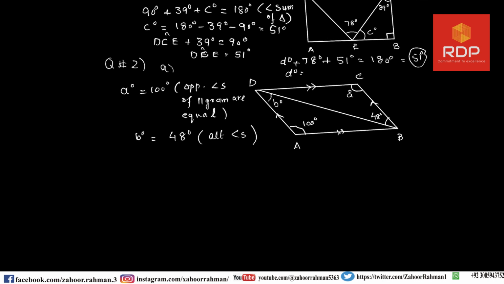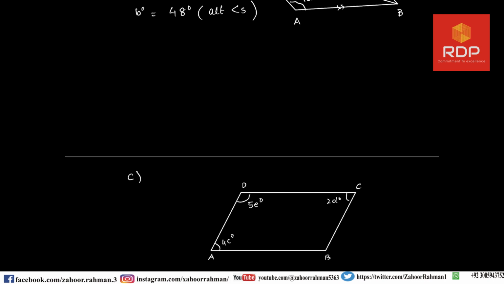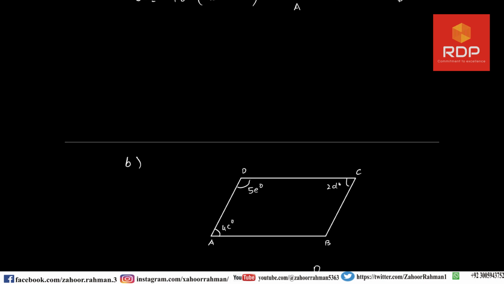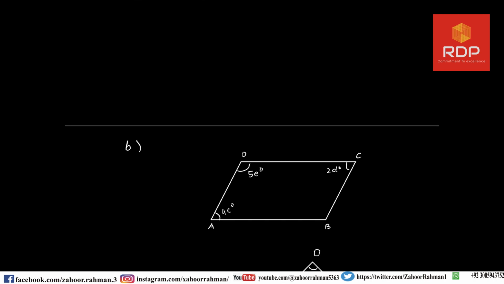Now we are going to discuss part number B. This is not C, this is part number B. So no diagonal is given in this particular scenario, and one angle is given as 5C degree, and then it is given as 2D degree and 4C degree.